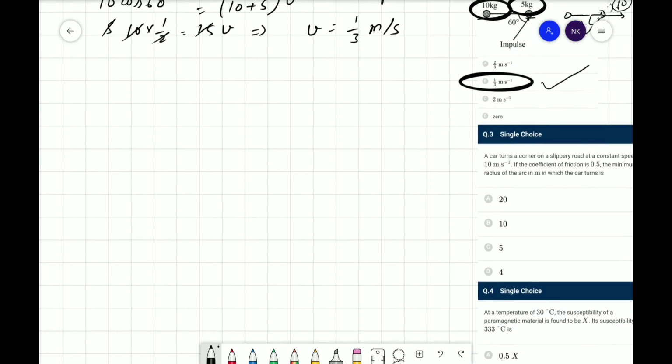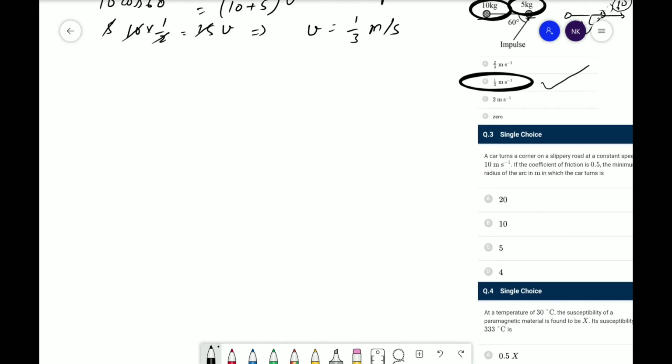In the next question we have a car turning a corner on a slippery road at a constant speed of 10 meter per second. If the coefficient of friction is 0.5, the minimum radius of the arc in meter in which the car turns is. Okay. Here we have to find out radius.